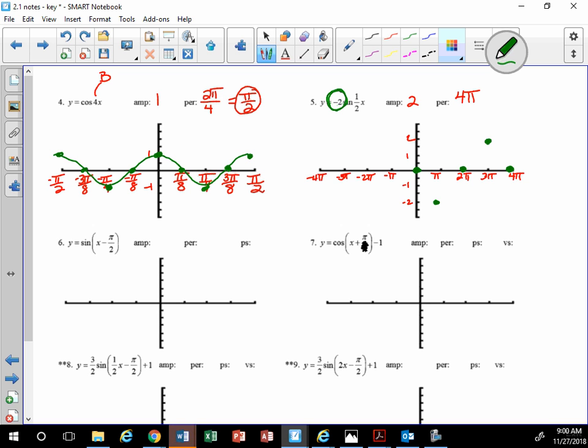So it's middle, high, middle, low, middle, high, middle, low, middle. Okay, I'll draw this in there.